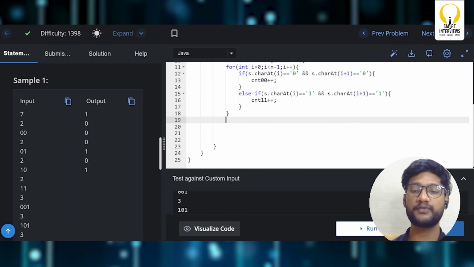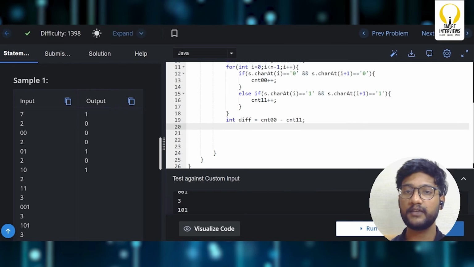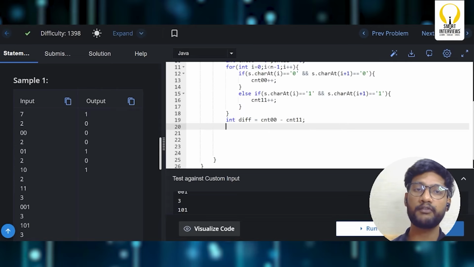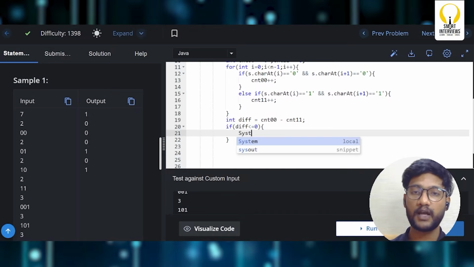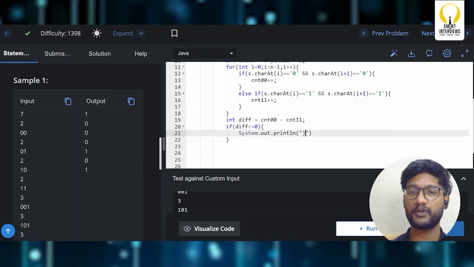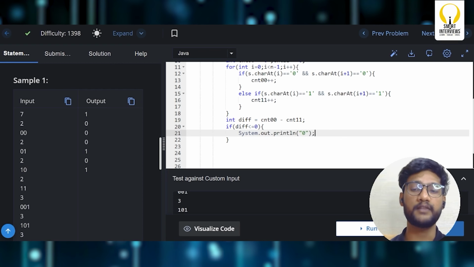As discussed, first of all, I'll find the difference. The difference would be the count of 00 minus the count of 11. Basically, if my difference is negative, it's not required to change, it's not required to do any flips. So if my difference is less than or equal to 0, we print 0, because it's not required to flip anything.